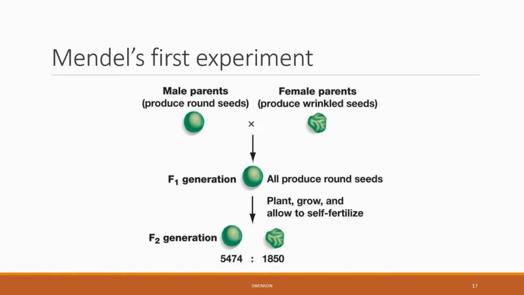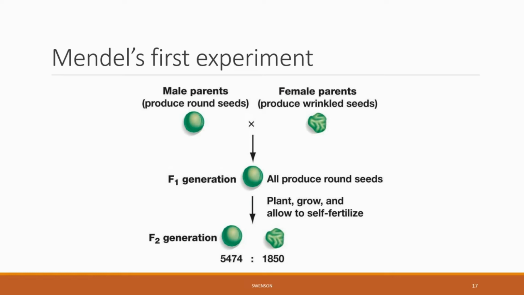Just as interesting, when the F1 seeds were planted and crossed with each other, an unusual ratio of round to wrinkled seeds was generated in the F2 generation. You can find the ratio by taking the number of round seeds and dividing them by the number of wrinkled seeds.